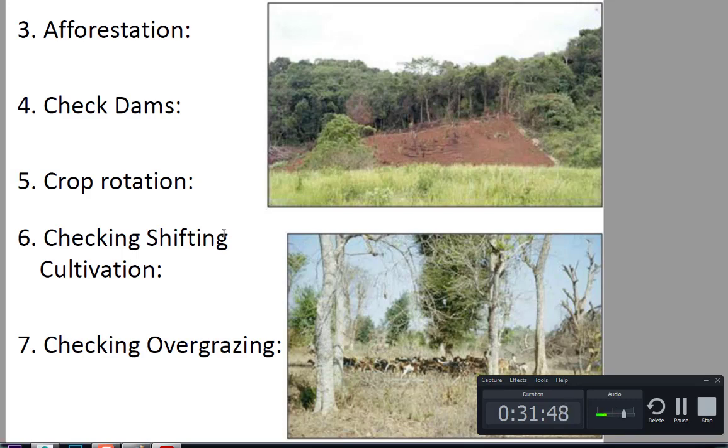Afforestation means the plantation practices. So here in this picture you can see this area is completely harvested area. So if you get some harvested area and you can plant some plants here, or the afforestation practice you can start in this area, so definitely you can conserve and preserve the soil and soil particles also.